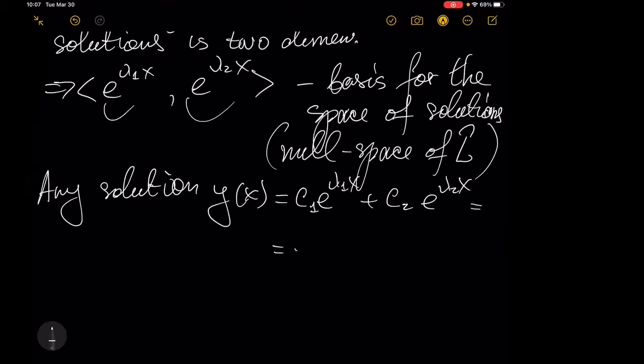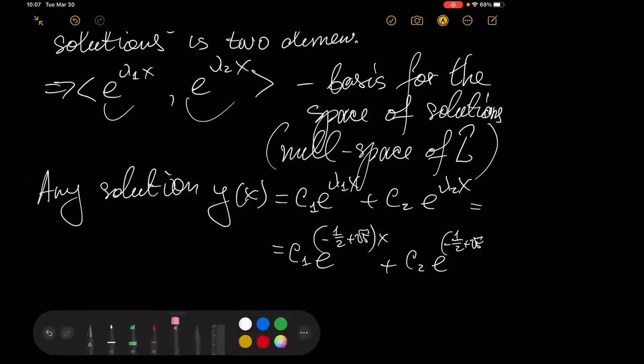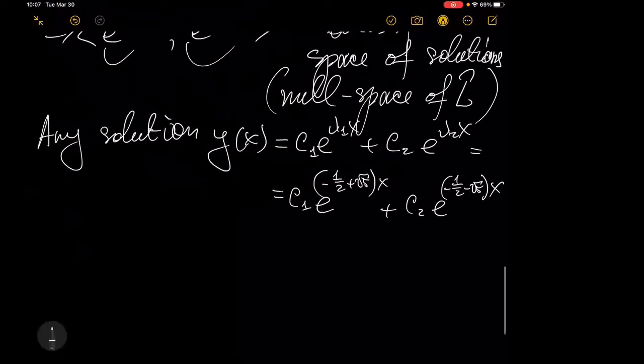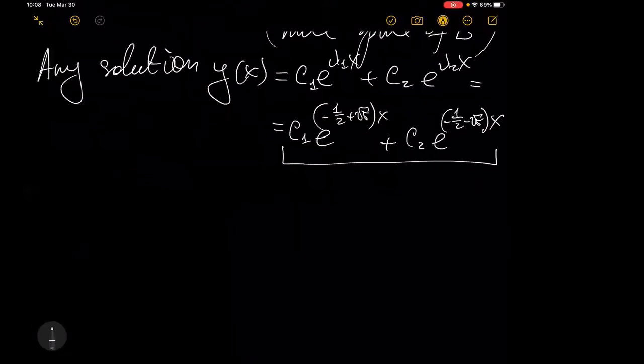Or if you remember, c1 e to the power -1/2 plus square root of 5 x plus c2 e to the power -1/2 minus square root of 5 x. So we know that the general solution, or arbitrary solution, can be represented in this form as linear combination of two solutions which we were able to find. Okay, wonderful.